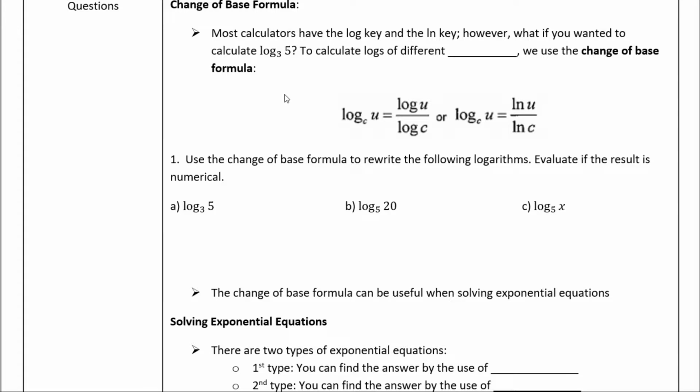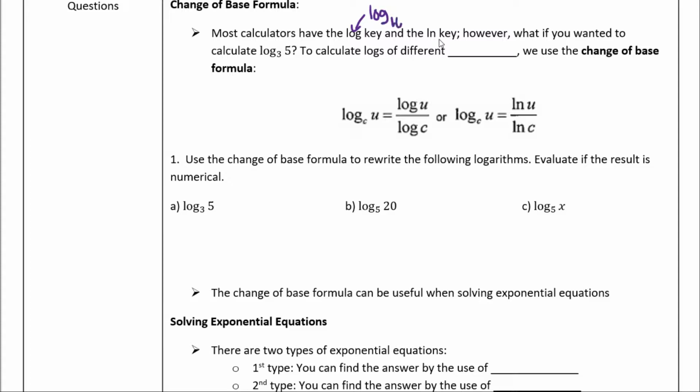So let's talk about the change of base formula because it's something that was mentioned last class when we talked about logs. Last class we talked about the common log and the natural log. So the common log, remember, has a base of 10. So this guy right here, you should be able to calculate that.